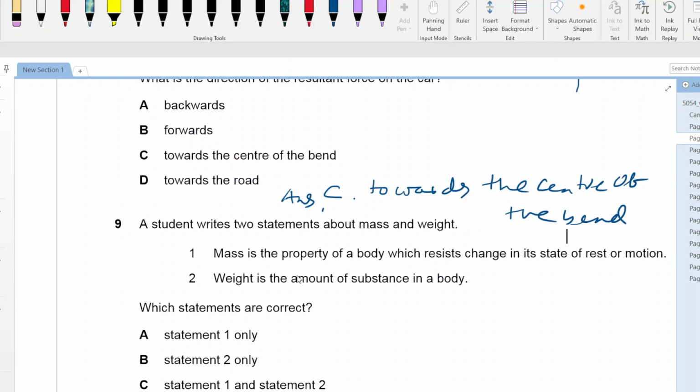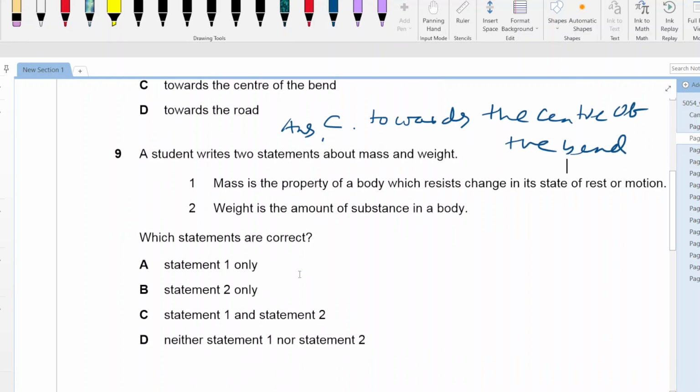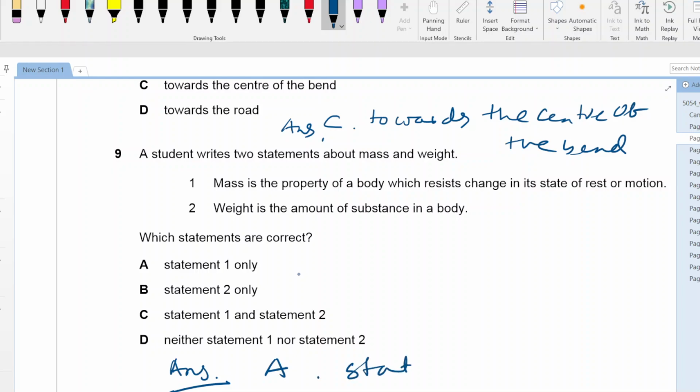This is completely wrong. Therefore, statement 1 is correct. Now, number 9, write answer A. Statement 1 only.